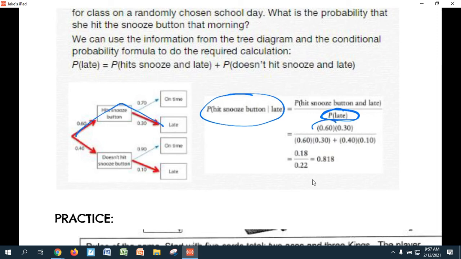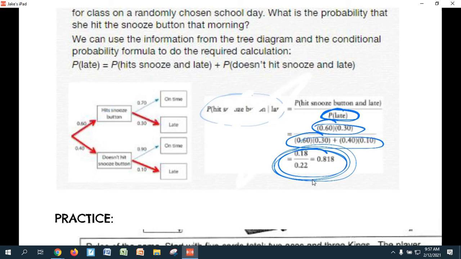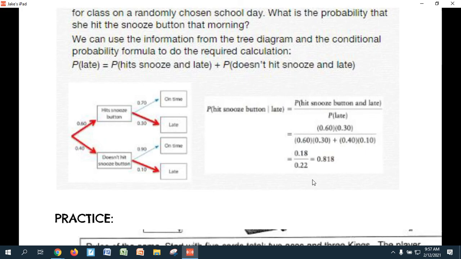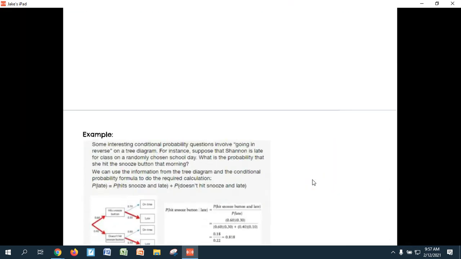So you just go 0.6 times 0.3 divided by that calculation we did earlier. So 0.818 is the probability that you hit the snooze button given that you are late. There are a lot of calculations and probabilities we can find from looking at a tree diagram, so it's a good tool to use when we're dealing with probability.